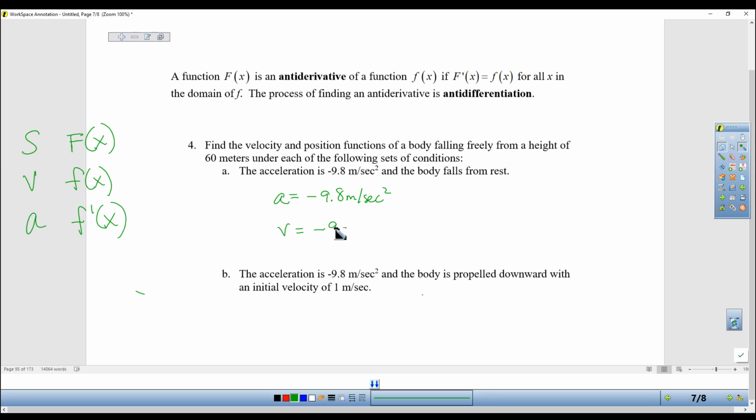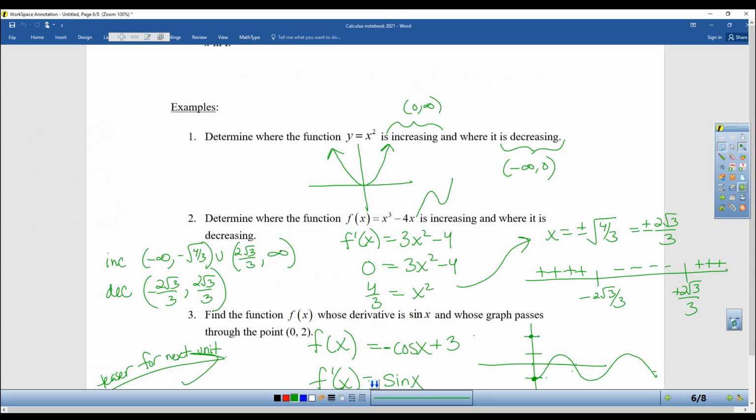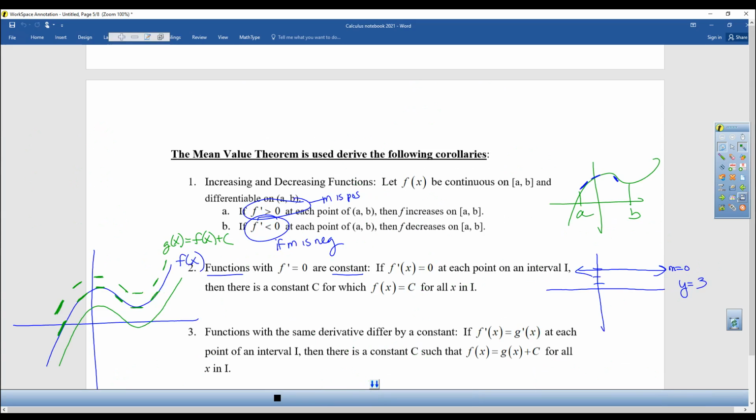It must have been negative 9.8 t, because the derivative of this would have just been negative 9.8. But could there have been a number there? There definitely could have. This is what this third corollary is trying so fancy to say, that you know the derivative, but there could have been a number there.